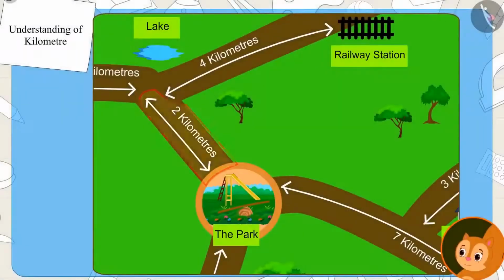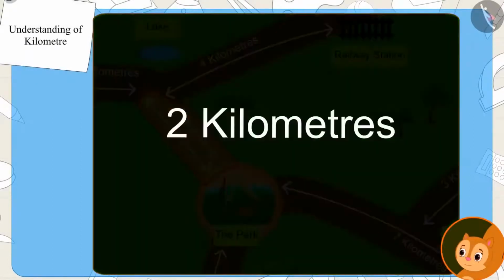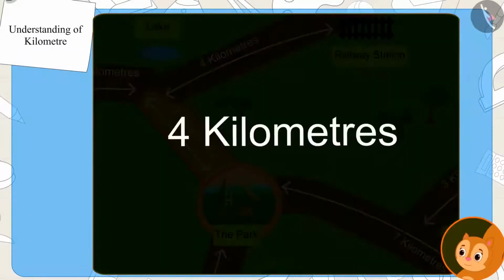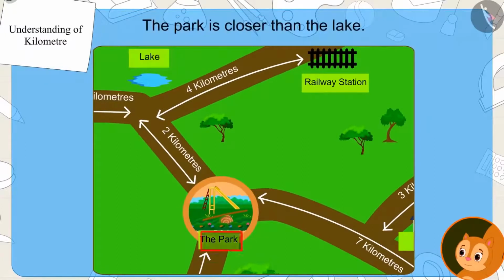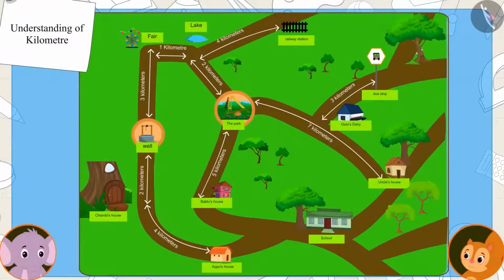Well done, kids. The answer you found is correct. Because 2 kilometers is less than 4 kilometers, hence the park is closer to the lake. Appu asks Chanda to answer a question.